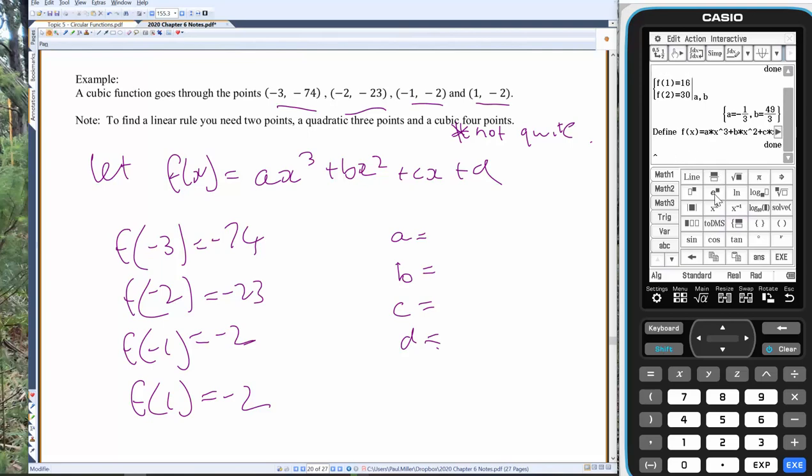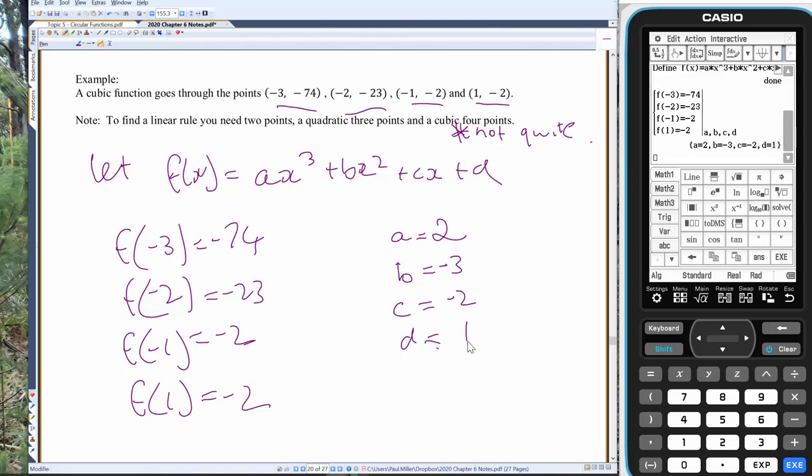Oopsie. f(-3) equals -74. f(-2) equals -23. f(-1) equals -2. f(1) equals -2 as well. Cool. So a equals 2, b equals -3, c equals -2, d equals 1.